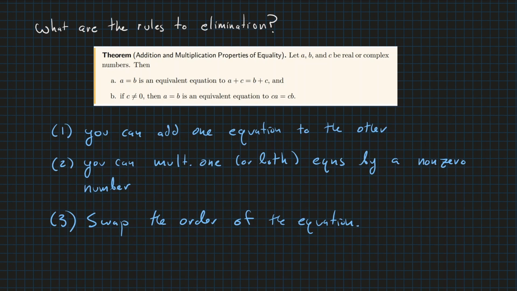The order does not matter here. So the rules are that you can add one equation to the other equation. You can multiply one or both of the equations by a non-zero number. And that's how the subtraction comes in. You multiply one of the equations by -1 and then add them, because subtraction is really adding the negative of a number. And then you can swap the order of the two equations.